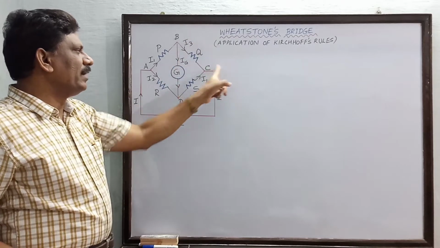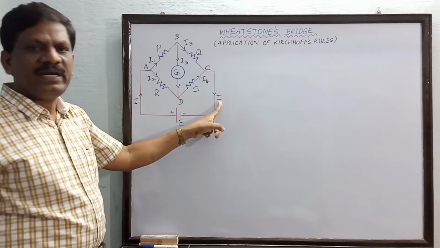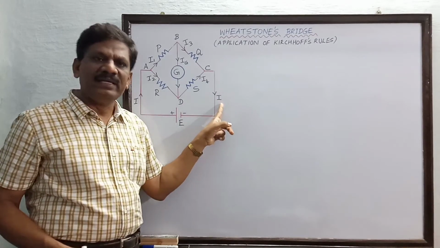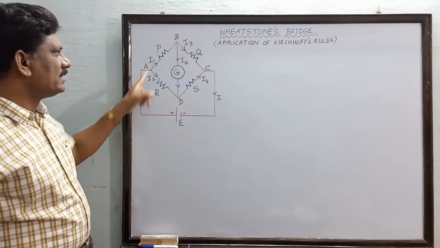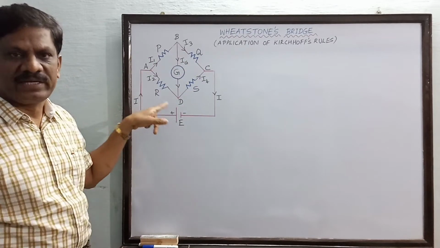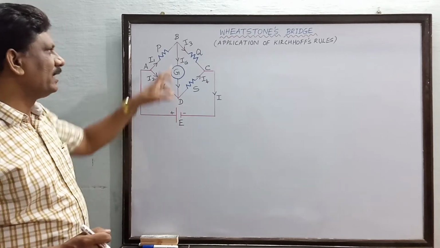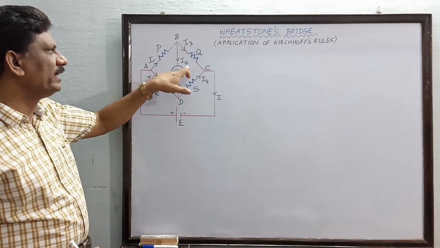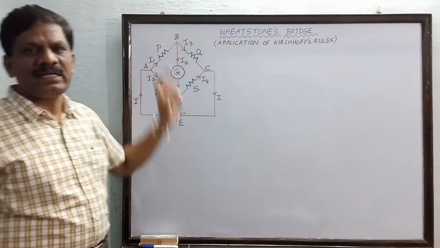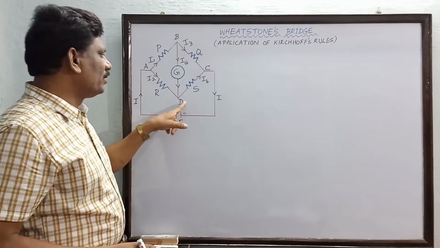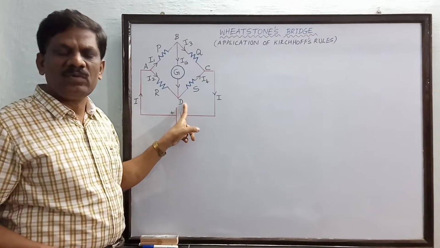The currents I3 and I4 meet at the junction C and join again as the main current I. These currents in the various branches are shown in the circuit, and we have assumed that the current from B to D is Ig. That means I have considered point B to be at a higher potential than point D. Only then can the current flow from B to D in the downward direction.